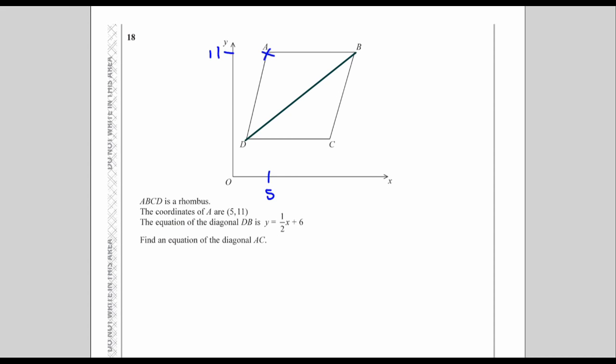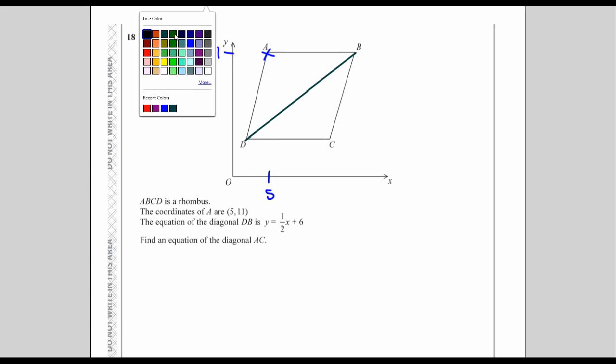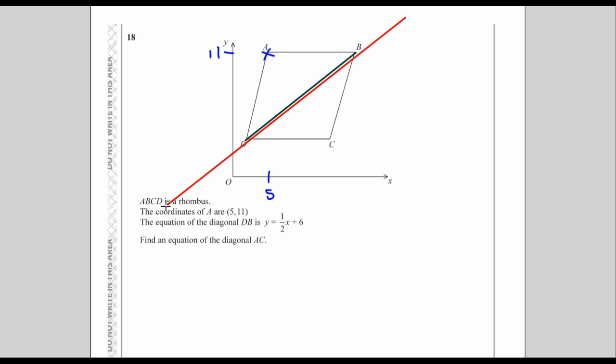I just want to show you something here actually. This whole line here is what we're talking about. Okay, it carries on past it. That whole line has the equation y equals a half x add 6.